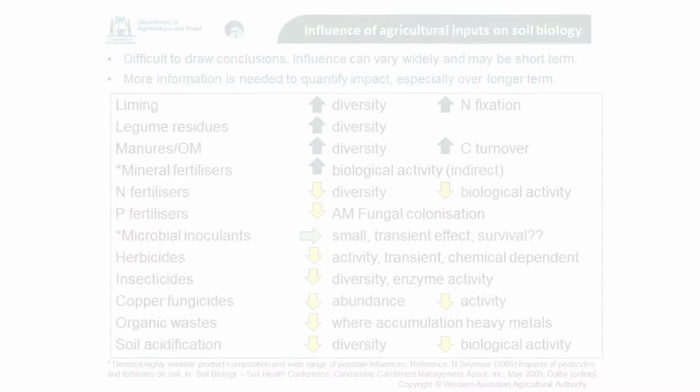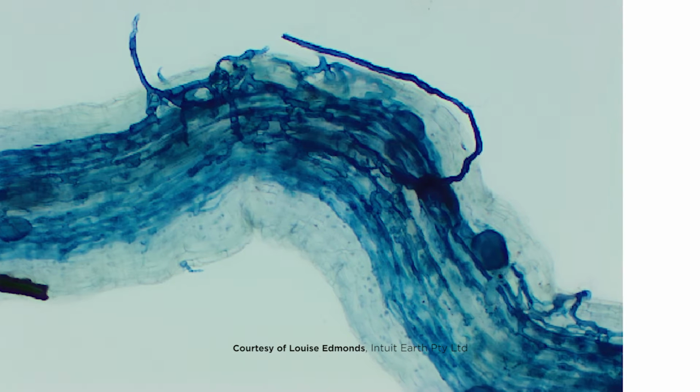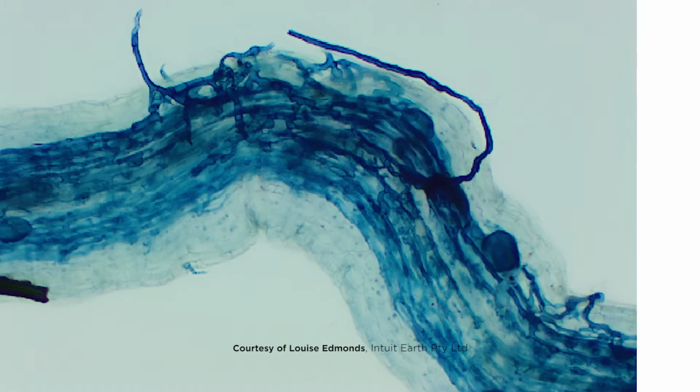The role of mycorrhizal fungi in soils is very dependent on background phosphorus levels. So the role of mycorrhizal fungi is to extend the hyphal network and capacity to pick up phosphorus, which isn't mobile in soils, and enable it to be captured by the plant.